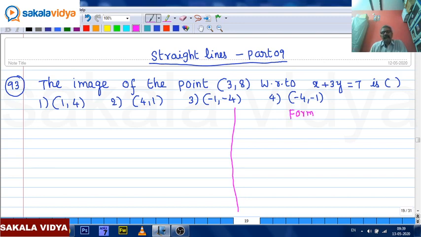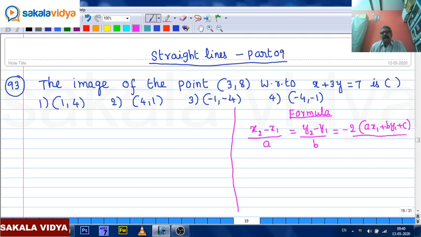In board examination we have studied it and also we derived it. (x2 minus x1) upon a equals (y2 minus y1) upon b equals minus 2 times (a x1 plus b y1 plus c) by (a square plus b square). Here x2 y2 is the image of x1 comma y1 with respect to ax plus by plus c equals 0.